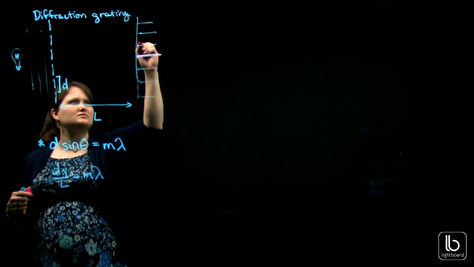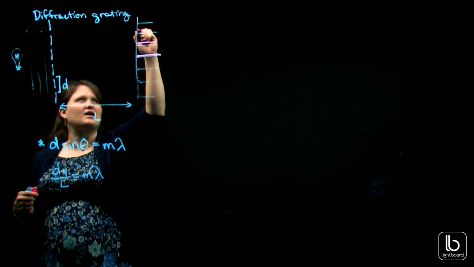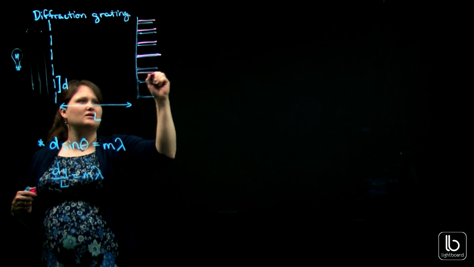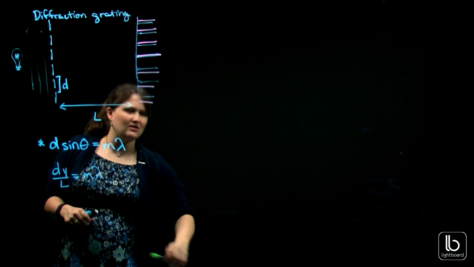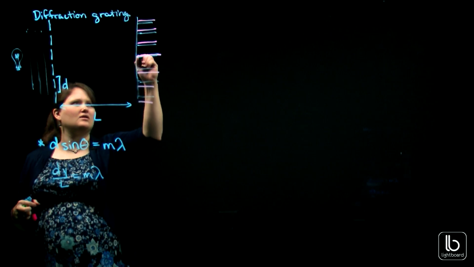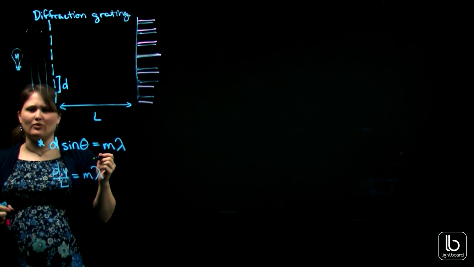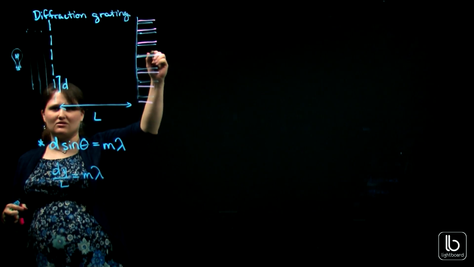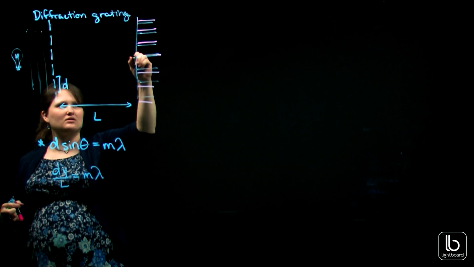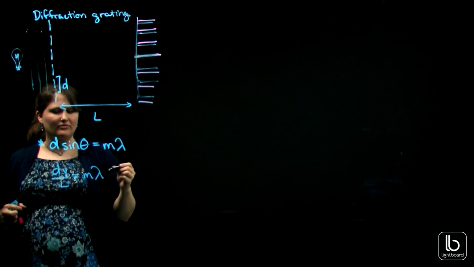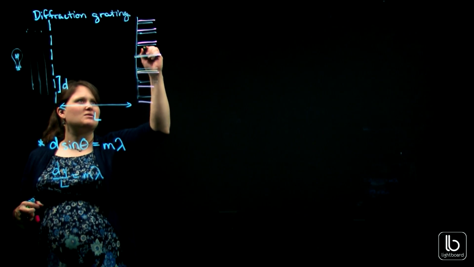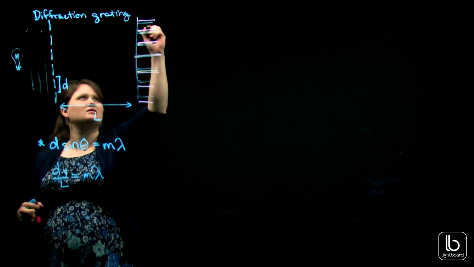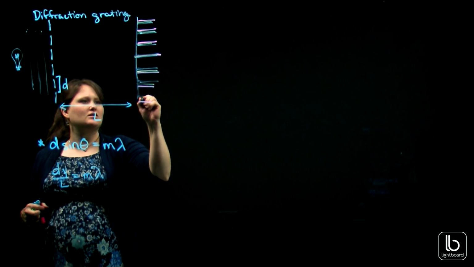But then I get my red that does something like that. And maybe I have, again, the center point, where any wavelength will hit at my 0th order. But then maybe I have some green in between here.